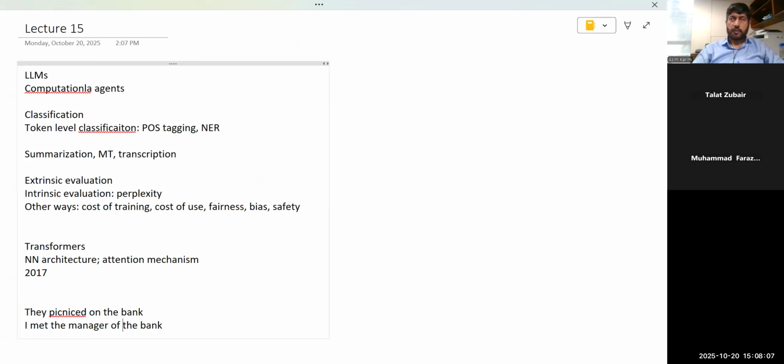In the first context, picnicked on the bank, this bank would most likely be a river bank or some other related spot close to water. But in the second case, the bank would be a financial institution because we are referring to a manager. So this bank का जो representation होगी, it will be influenced by all the words before it and most particularly by the word manager in the second sentence.